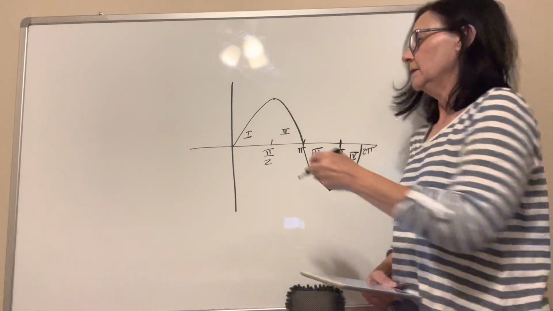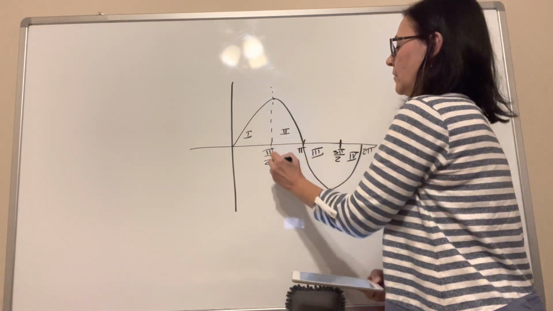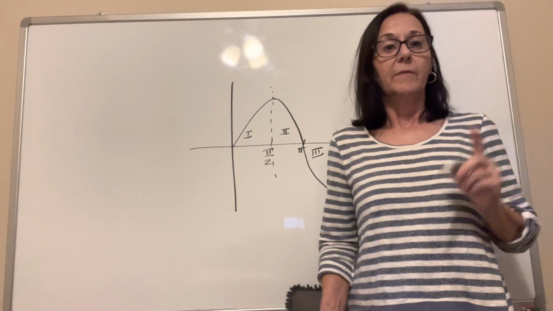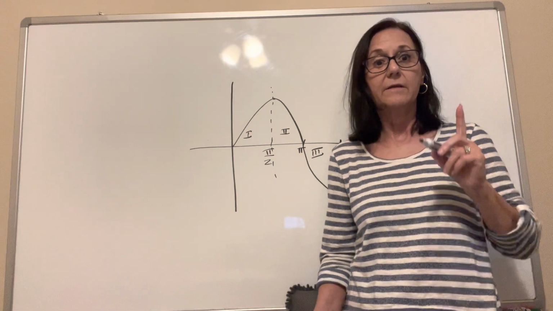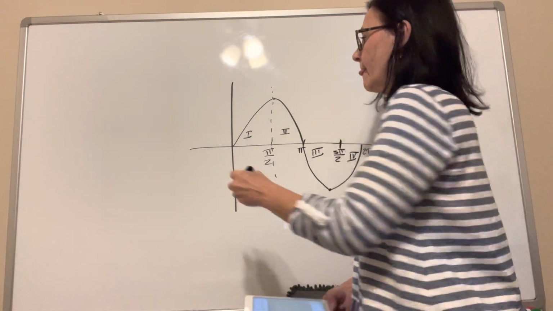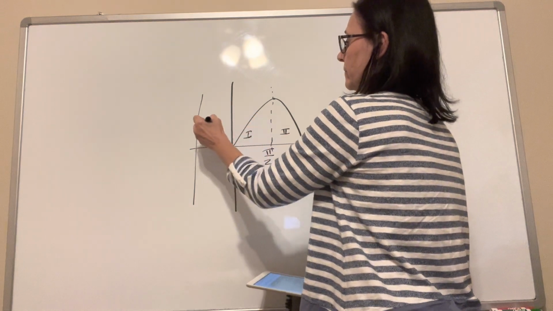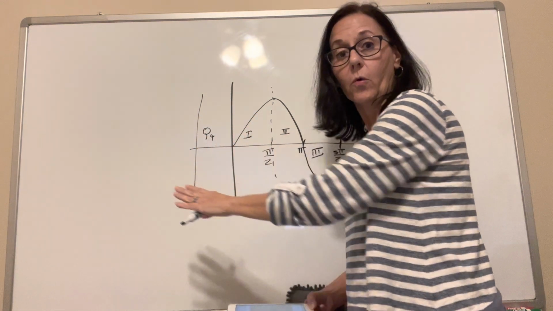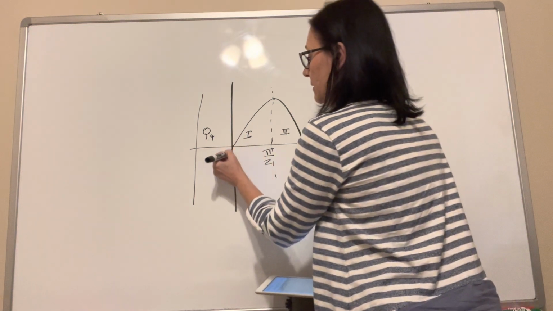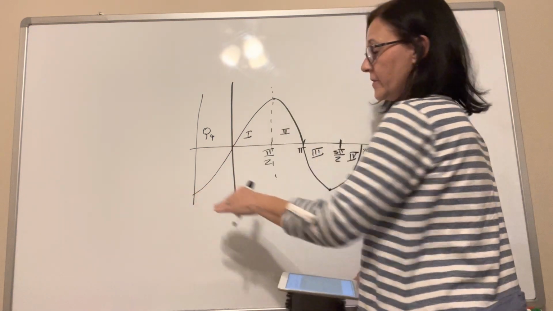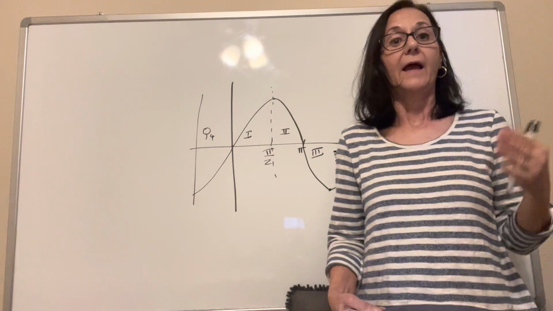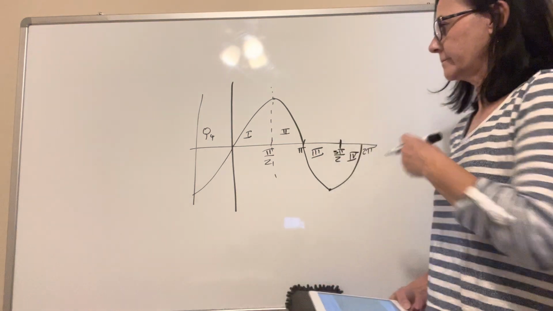All right? So let's just think, when we limit the domain for the sine, we look at quadrants 1 and 4, so that the inverse is actually a function, all right?